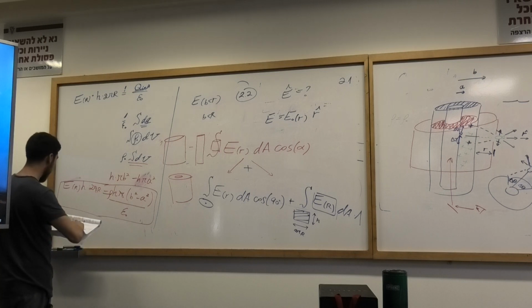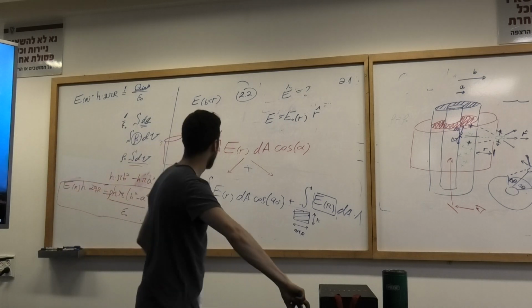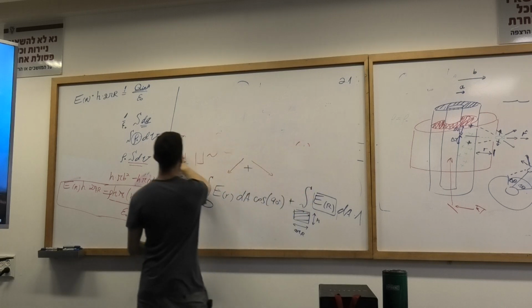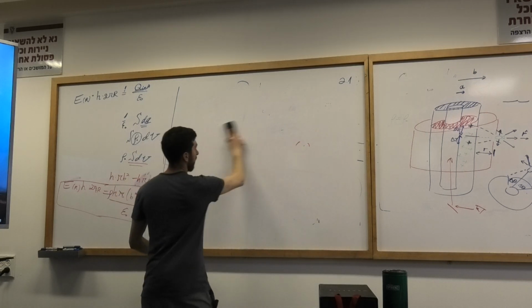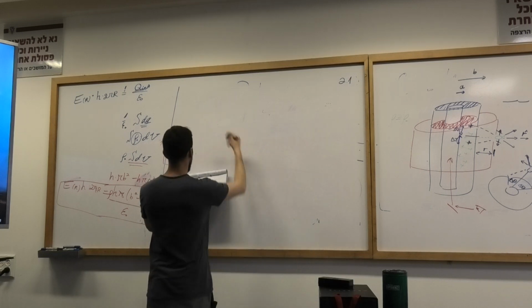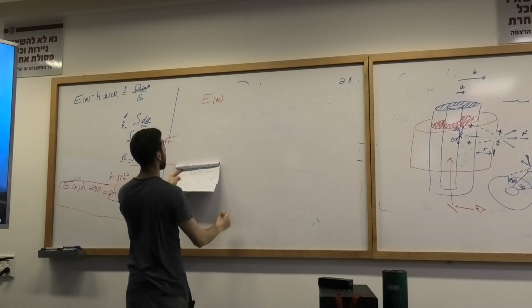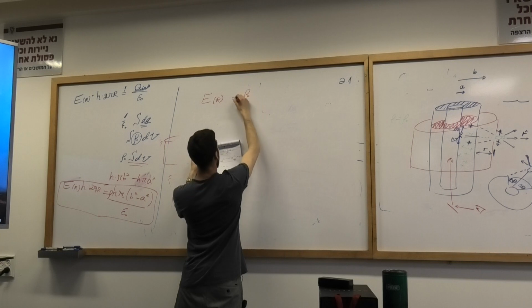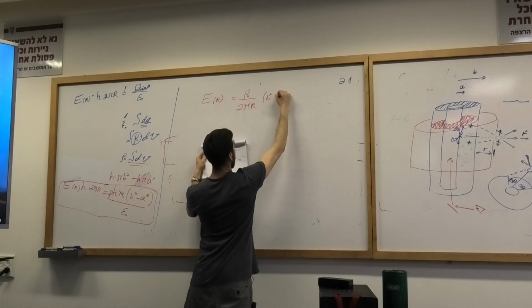So we found out that E as a function of R is equal to rho (b squared minus a squared) over 2 epsilon R.